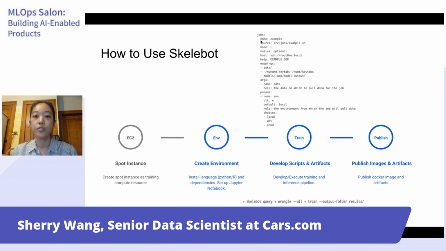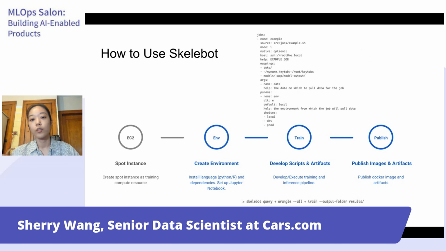You just give it a name, and there are many things you can configure. If you are reading data from local file systems or, for example, writing out your model artifacts, you probably want to map them. It's kind of a Docker term, but it's really easy even if you don't understand what it is. You can still specify your mappings here, and Skelebot will take care of it for you. Of course, you can specify your arguments and parameters as well.